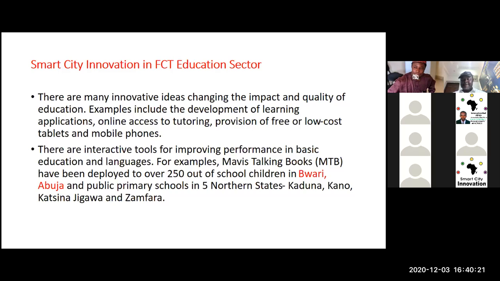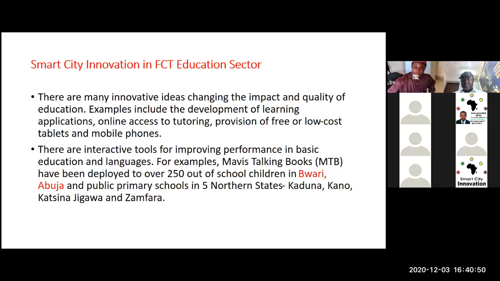Next slide, please. Smart city innovation in the FCT education sector. There are many innovative ideas changing the impact and quality of education in FCT. Examples include the development of learning applications, online access to tutoring, provision of free and low-cost tablets and mobile phones.